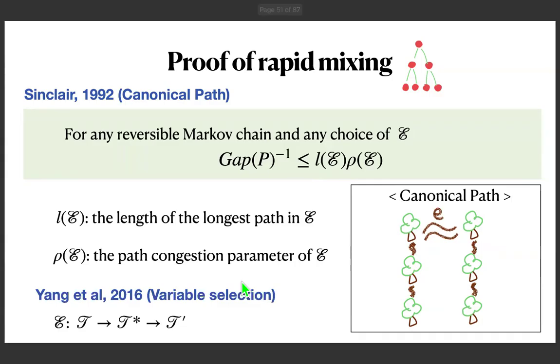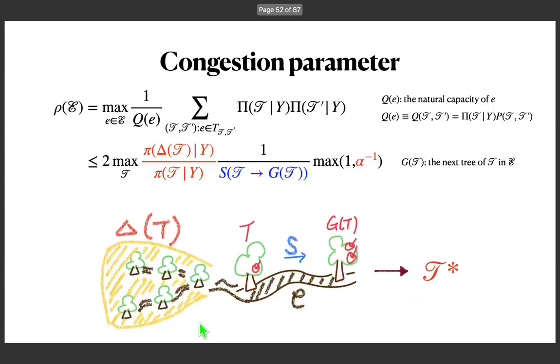We will construct an ensemble, a set of simple paths, that resembles the simple paths constructed by previous work on variable selection. The idea is that the path should always target going through the true tree, and I will explain more on it later. The congestion parameter has a very interesting intuition.